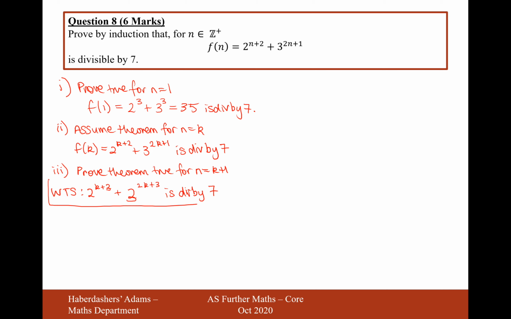Okay, this is what we want to show, so let's now get started on it. 2 to the power of k plus 3 plus 3 to the power of 2k plus 3.